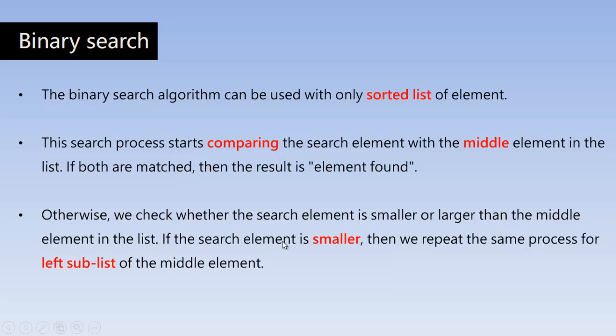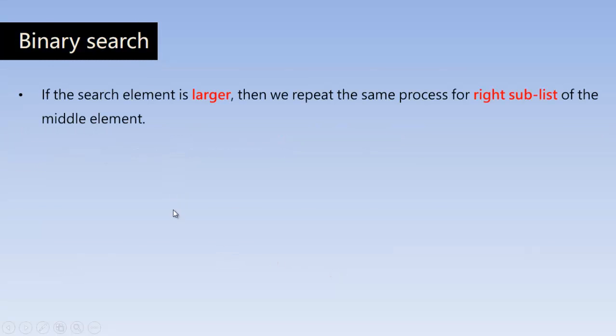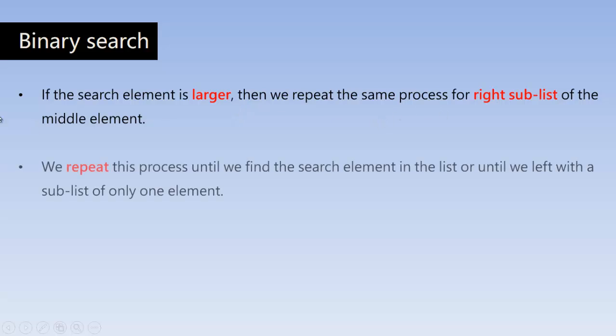If the search element is smaller, we repeat the same process for the left sub list of the middle element. If the search element is larger than the middle element, we repeat the same process for the right sub list of the middle element. We repeat the process until we find the search element in the list, or until we are left with a sub list of only one element, right?